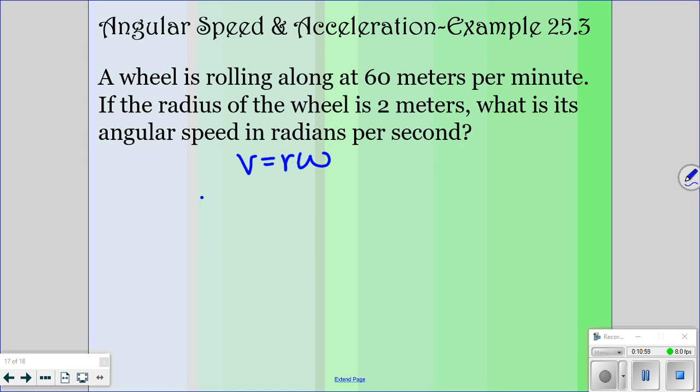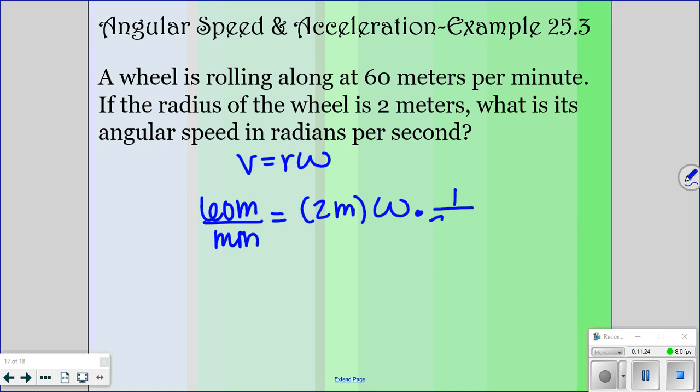So 60 meters per minute. And again, you want to always include your units on these because we're going to end up having to convert typically. Then the radius is going to be 2 meters. And we are looking for the angular speed, which is what we don't know. And so now we're going to have to divide by this 2 meters, or multiply by 1 over 2 meters, on both sides of the equation.